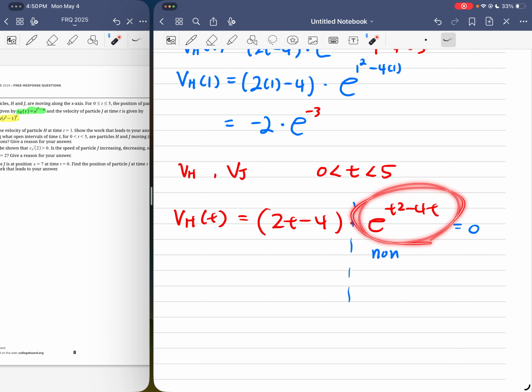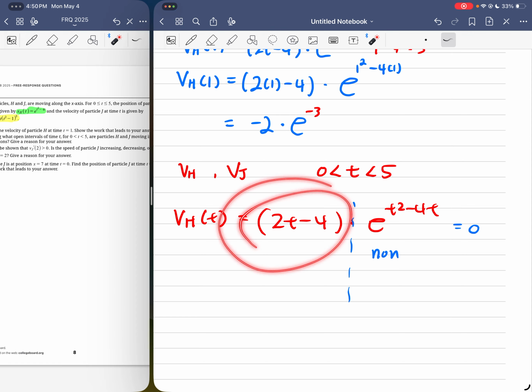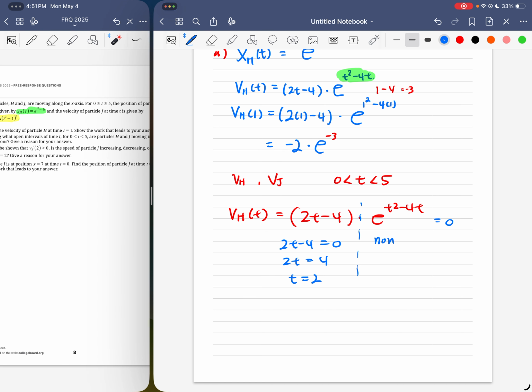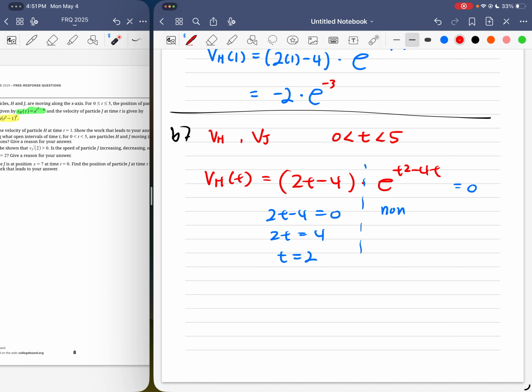So this one we cannot get 0. The only option that we have is this. If you have 2t minus 4 equal to 0, 2t equals positive 4, t equals 2. So 2 is the only time that this one is going to change sign.